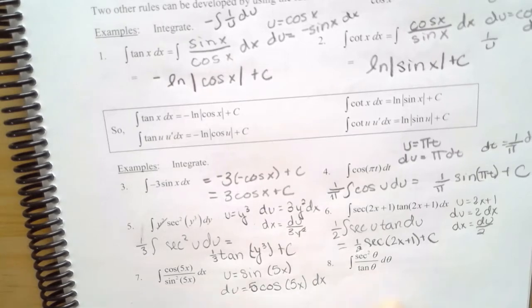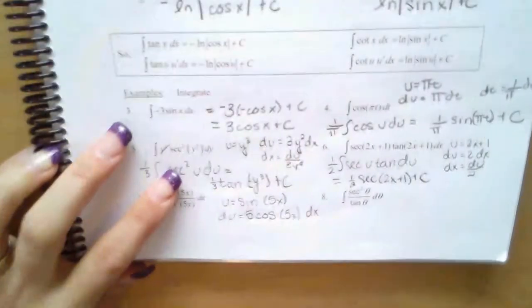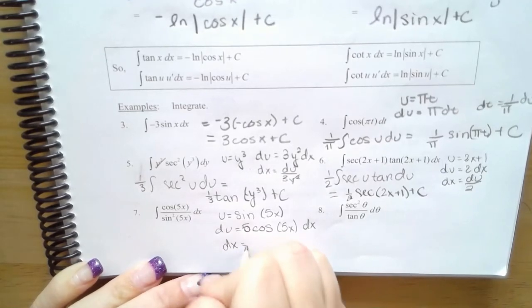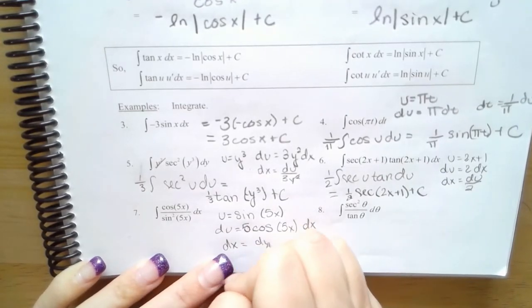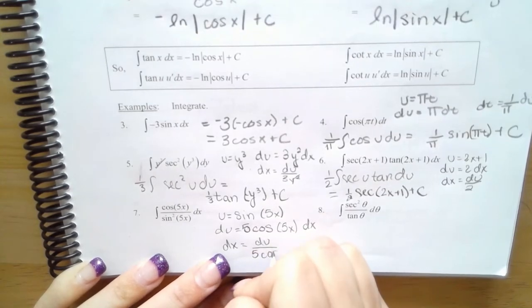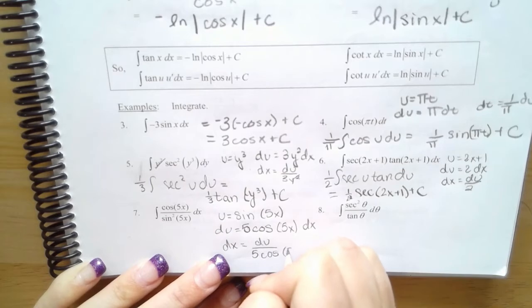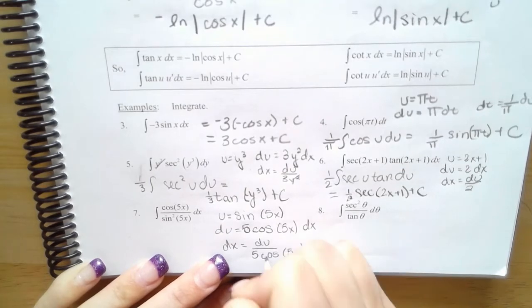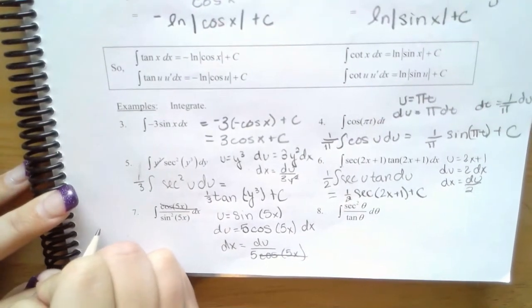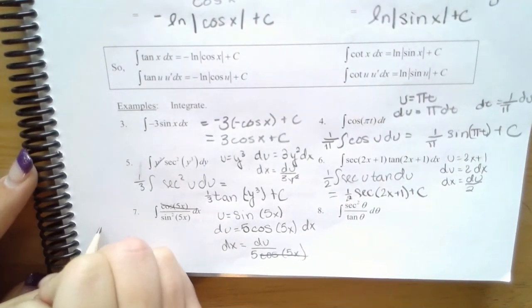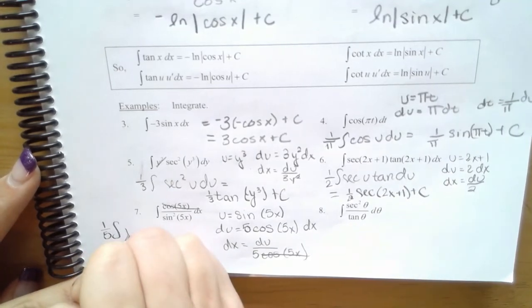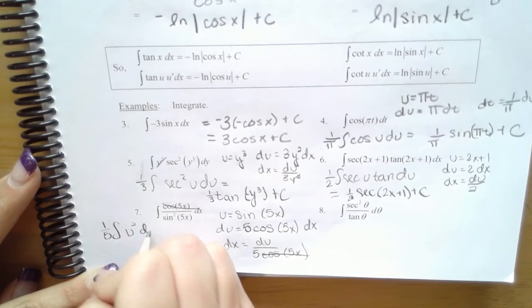Okay, solve for that. We would get dx equals du all over 5 cosine 5x. The cosine 5x cancels right here. So if you look, and I'm going to write it right over here so I have room, we have 1/5 the integral of u squared du.